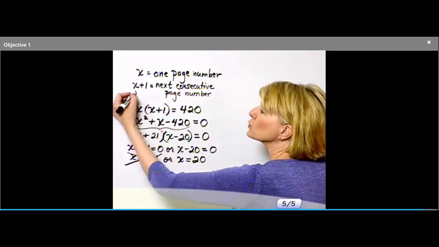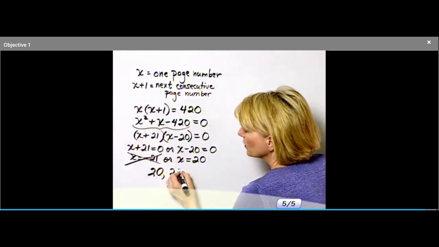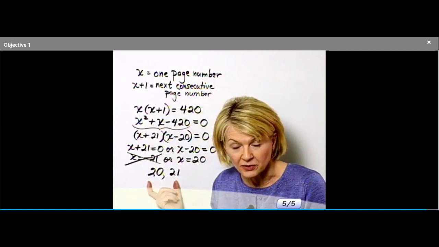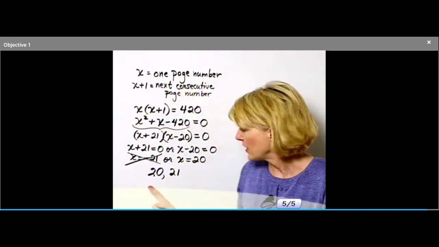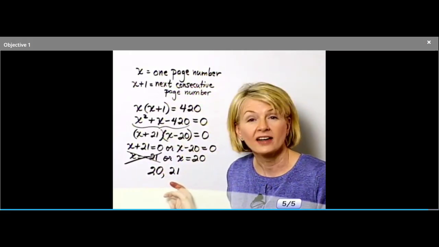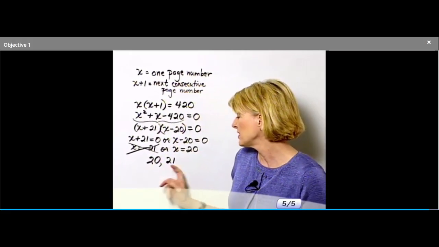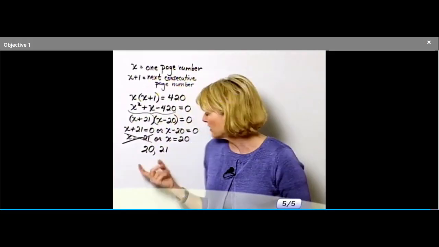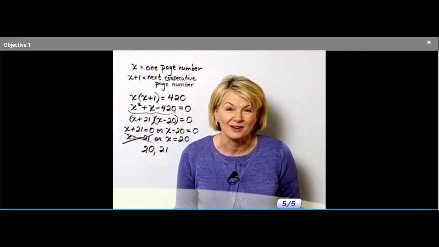The next page number is 20 plus 1, or 21. Here are our consecutive page numbers. Remember what it said? They are consecutive page numbers, so we're okay there. And the product is 420. I'll let you check, but that product is 420. So there are our page numbers.